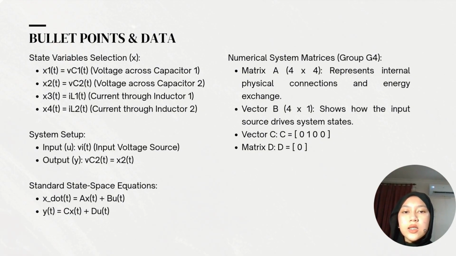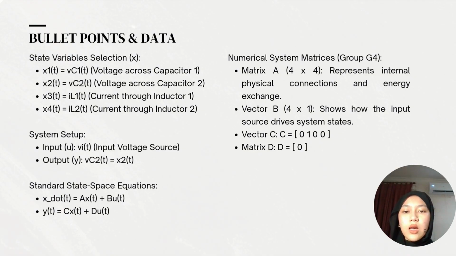Using the standard state space equation shown here, we derive our numerical system matrices. Matrix A is a 4 times 4 matrix that captures the system's internal physical connection and energy exchange. Vector B is a 4 times 1 column vector showing how the input source drives our system states.